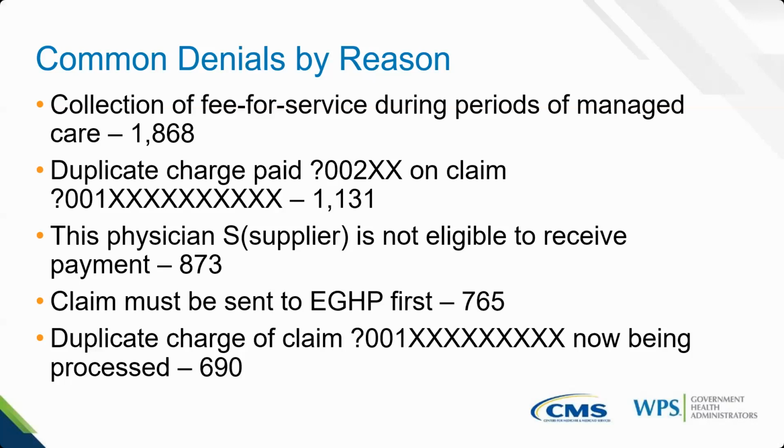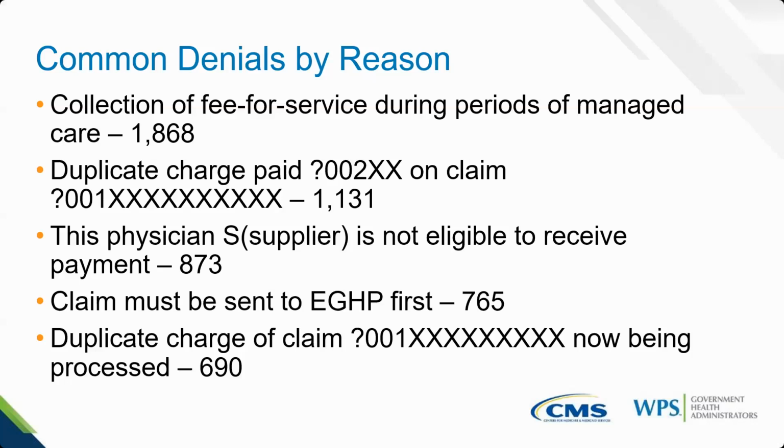So this would say duplicate charge paid June 21, 2022 on claim so-and-so. Okay, I'm just pulling out numbers. So over 1,000 claim denials occurred for that reason. 690 more occurred because it's a duplicate charge of a claim that's now being processed.